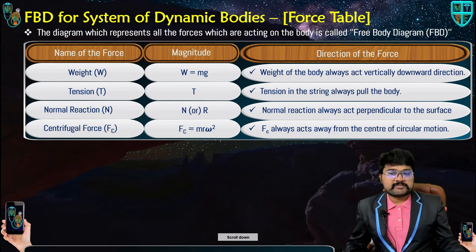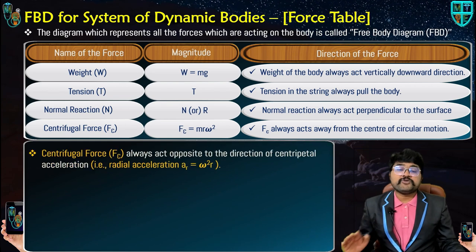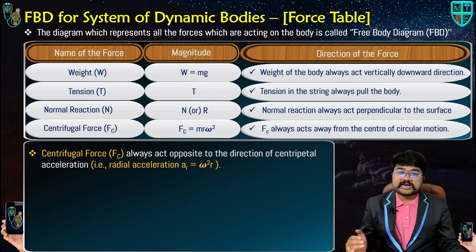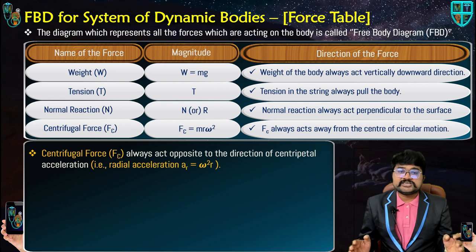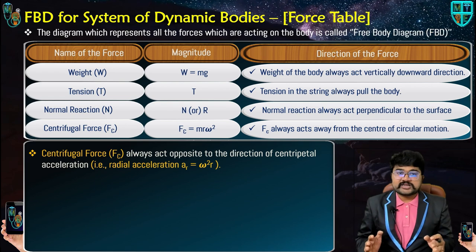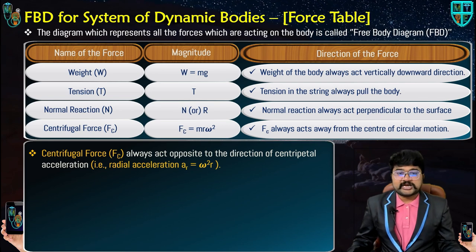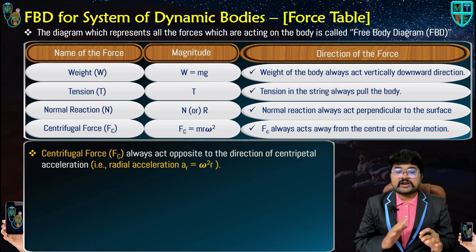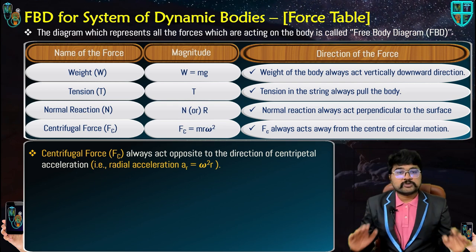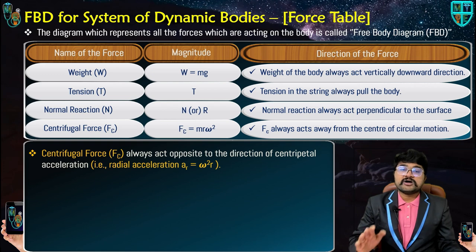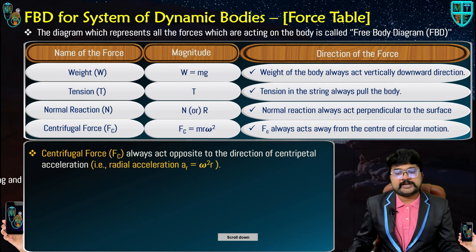Centripetal acceleration is also called radial acceleration.